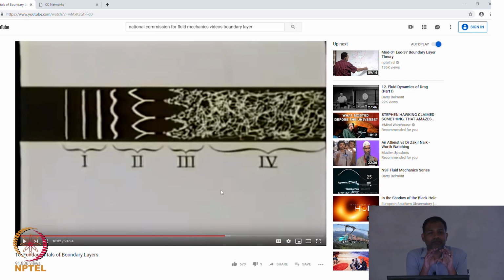So I said in the boundary layer, as soon as the boundary layer starts, it will be a laminar boundary layer, and beyond a point it will transition into turbulent boundary layer. You can also see that. In this particular case, they are not going to do it on a wall. There they actually have a pipe, and there is a fluid that's coming from the left side, and it is flowing on top of the pipe.